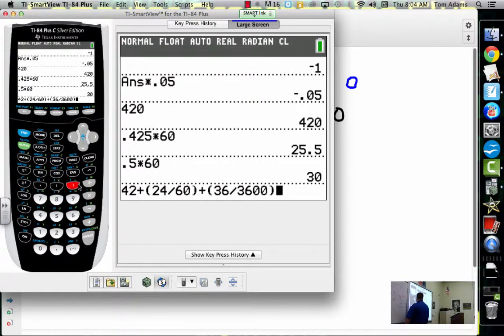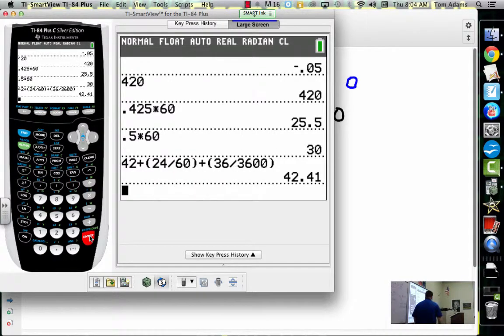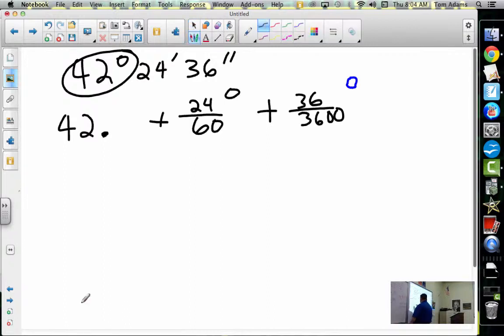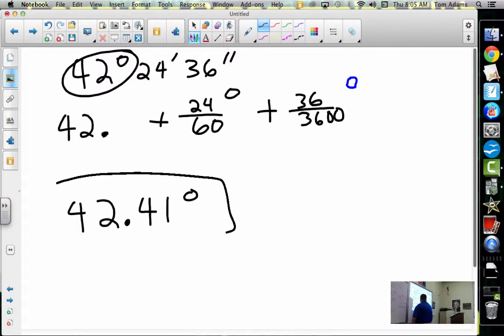When I hit enter, it'll give me a decimal: 42.41. Something is wrong with my smartboard right here in the middle of the board. 42.41 degrees. That's the answer.